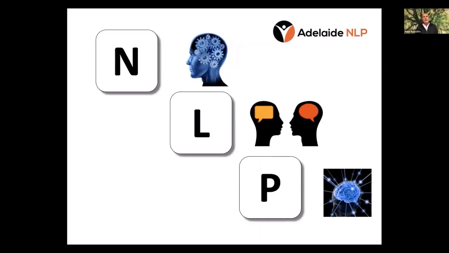And so that's how NLP was born. They modeled, as I said, Milton Erickson, who was a great hypnotherapist, and Virginia Satir and another guy, Fritz Perls, who all excelled in their fields, and in particular helped other people make changes in their life.